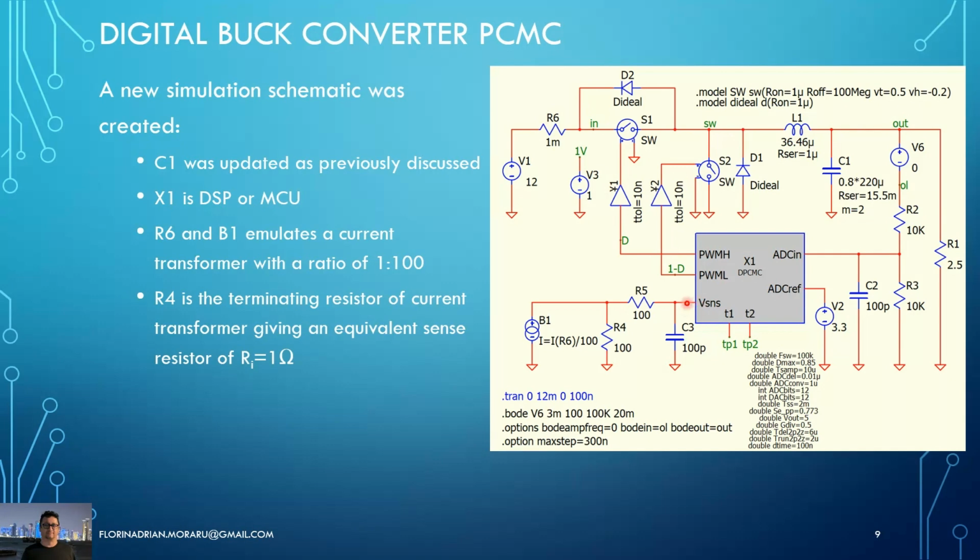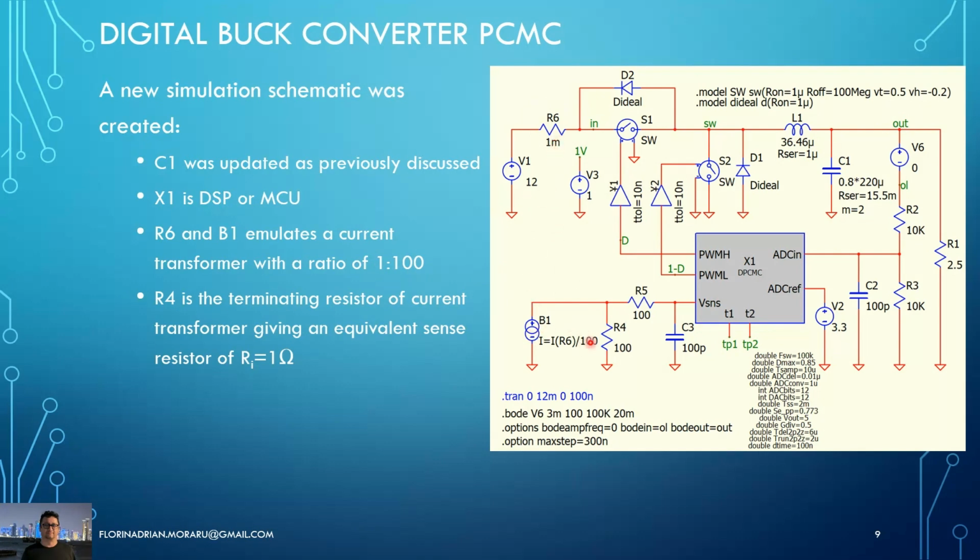Here we will actually have a voltage that represents, in this case, the current through the switch. And we have the two outputs, PWM high and PWM low, for the switches. Okay, then this R6 and B1 are emulating a current transformer with a turns ratio of 1 to 100.